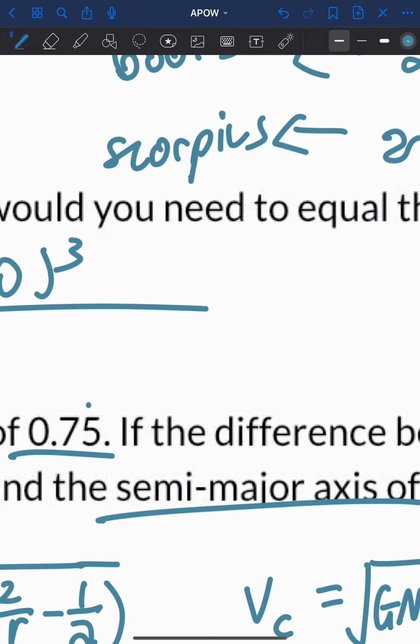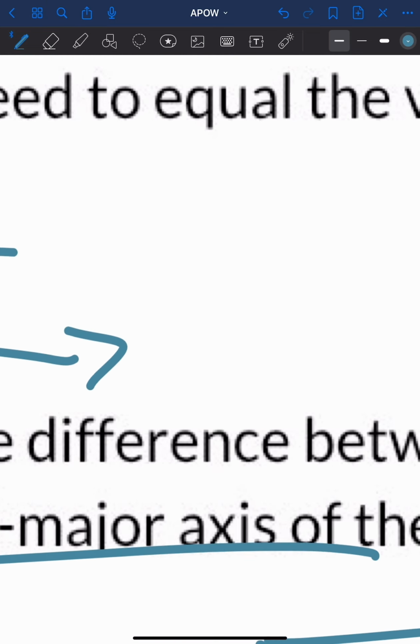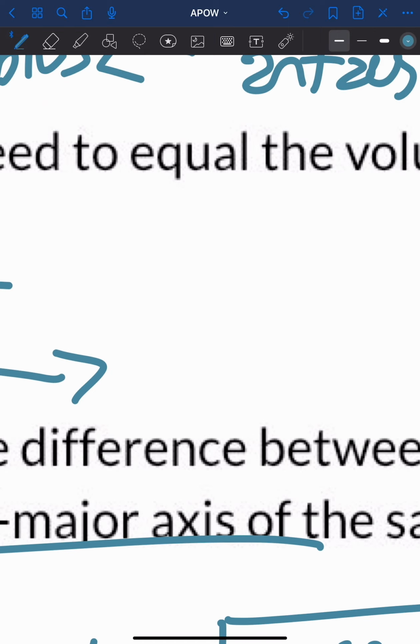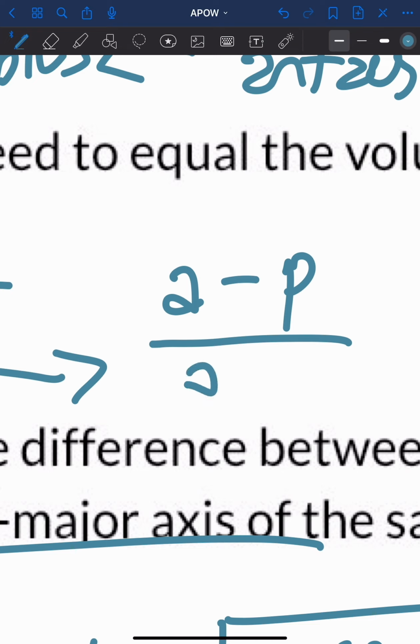So what does this mean? Okay, normally if it's eccentricity, I try to find a way to just imagine everything over 100 percent. So in this case of eccentricity of 0.75, we need to remember that the formula for eccentricity is basically, yes, the far one minus the one that would be, away minus p over a plus p, I believe.